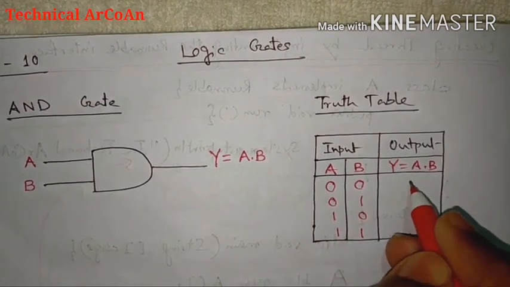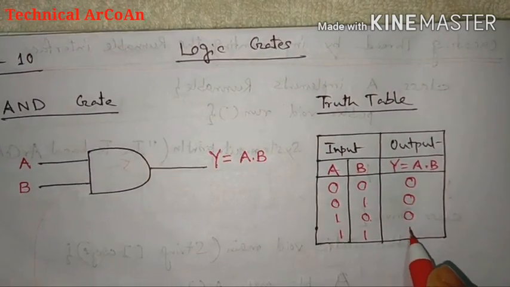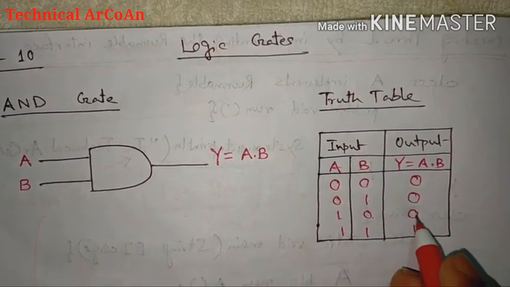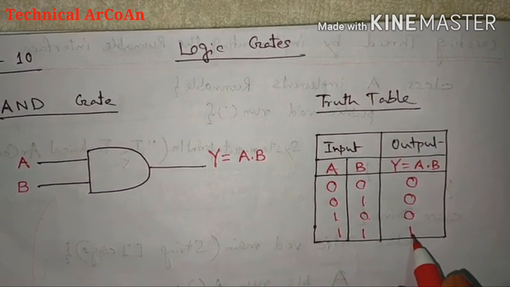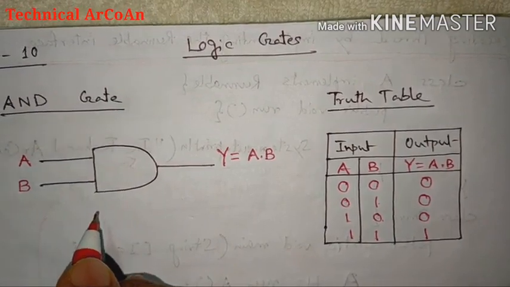When 0 0, the output is 0. When 0 1, the output is 0, and when 1 1, the output is 1. How? 0 into 0 is 0, 0 into 1 is 0, 1 into 0 is 0, and 1 into 1 is 1. This is the block diagram of the AND gate.